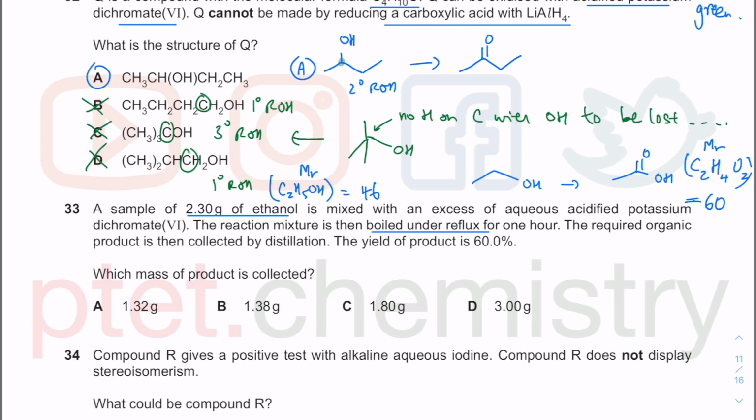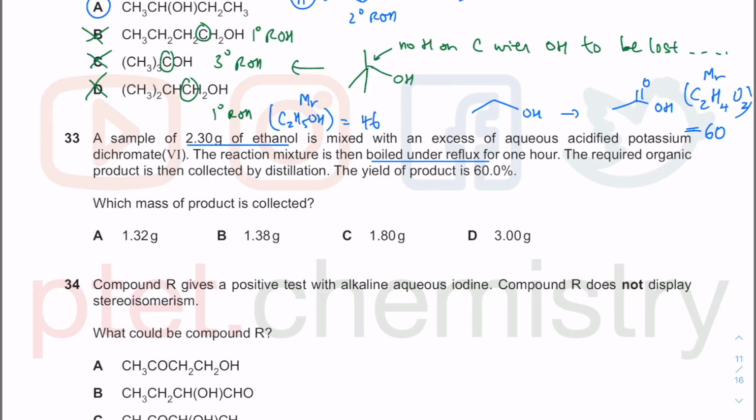I get 60.0 essentially. The most key thing is you boil it under reflux. If you already reflux it, and you don't separate out by distillation, you are not going to get aldehyde. If you reflux and don't collect by distillation, it cannot be aldehyde, it must be carboxylic acid.